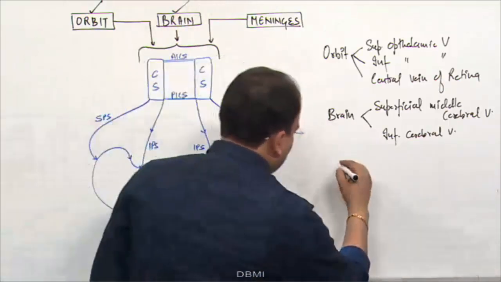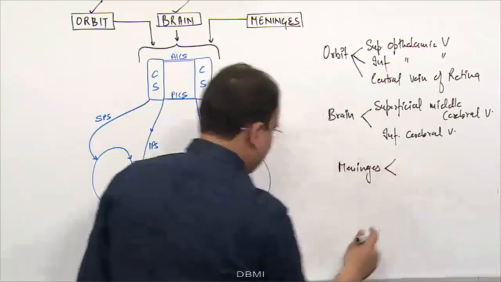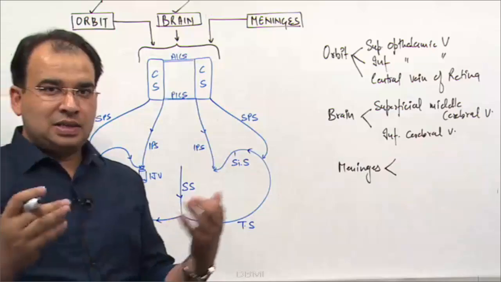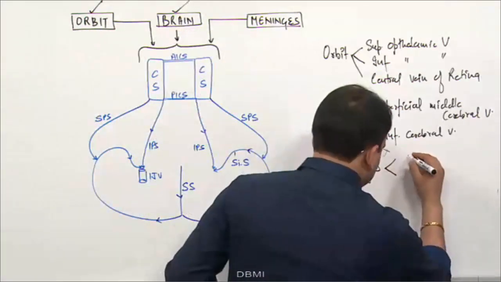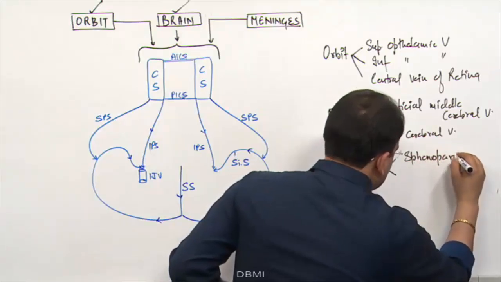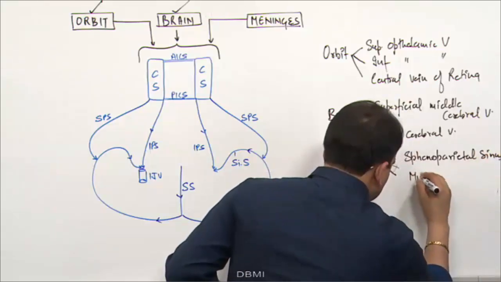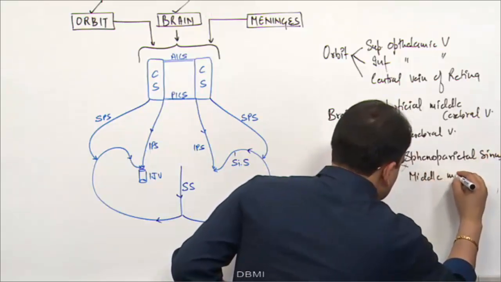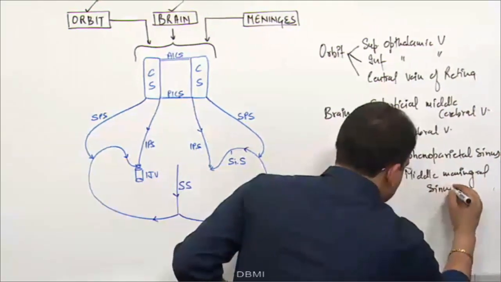And the ones coming from the meninges, we are actually talking about dural venous sinuses draining into the cavernous sinus. There are certain dural venous sinuses which drain into the cavernous sinus, that is the sphenoparietal sinus and the middle meningeal sinus.